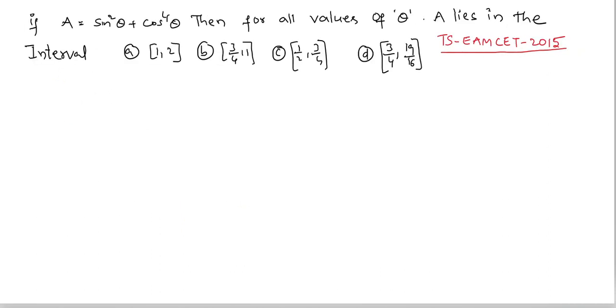If a is equal to sin square theta plus cos power 4 theta, then for all values of theta, a lies in the interval? This is TSMCET 2015 question.